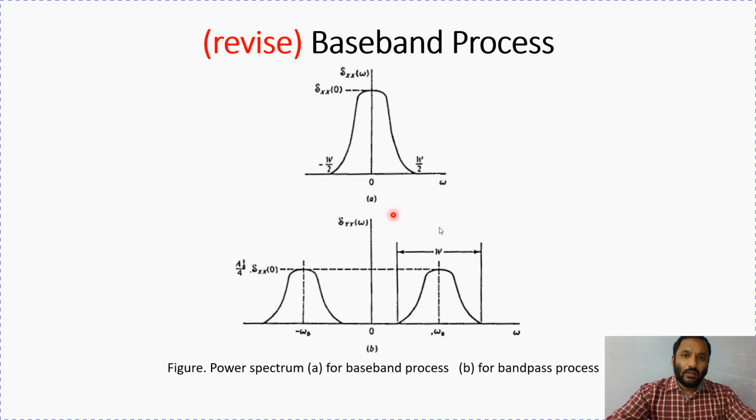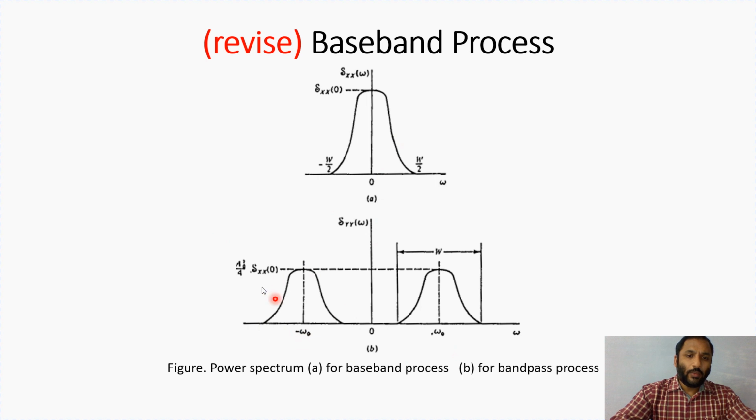Now the below diagram shows the power spectrum of the output of the product device, or the AM modulated signal, and we can see here that it consists of two copies of the same spectrum which are centered around the carrier frequency omega naught and minus the carrier frequency omega naught.